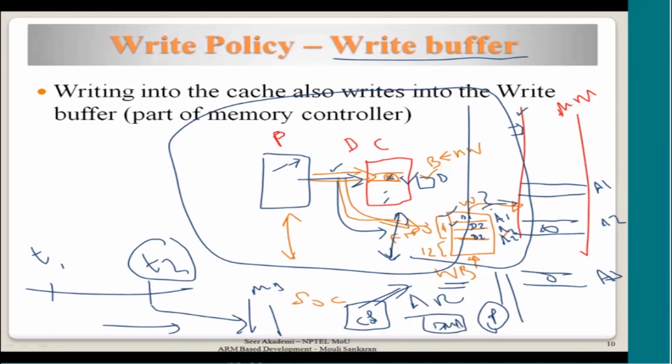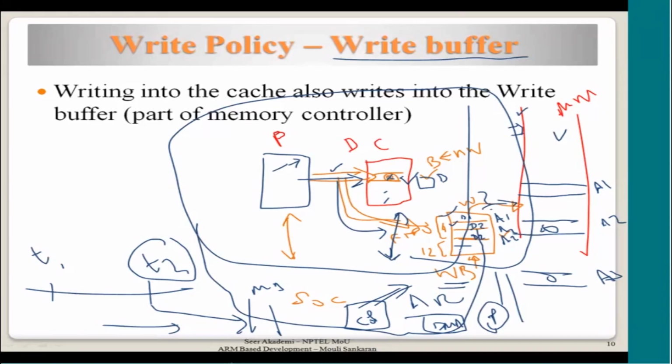There are so many external factors which may impact how the memory is being used by different agents in the system. Please remember the coprocessor is inside the SoC. So the write buffer is not getting time to write into the main memory.